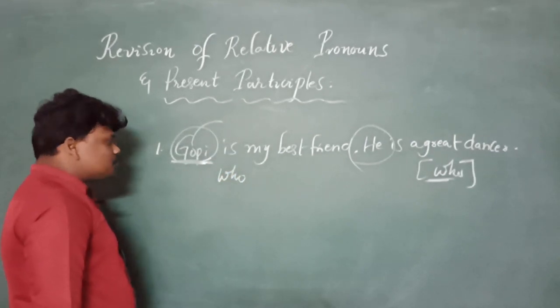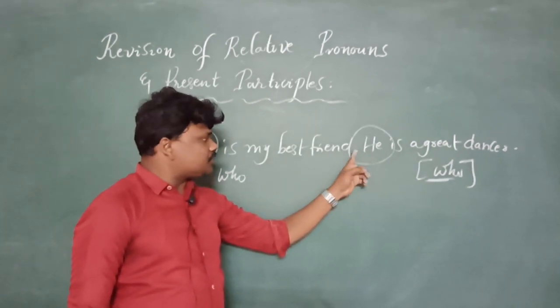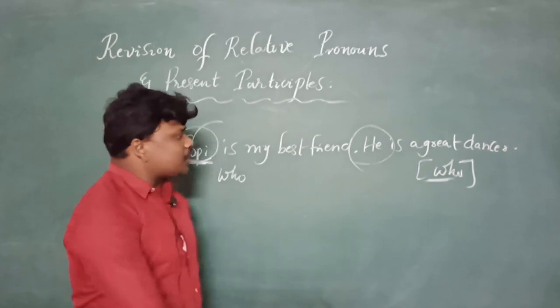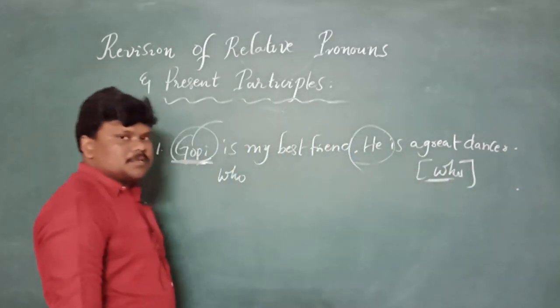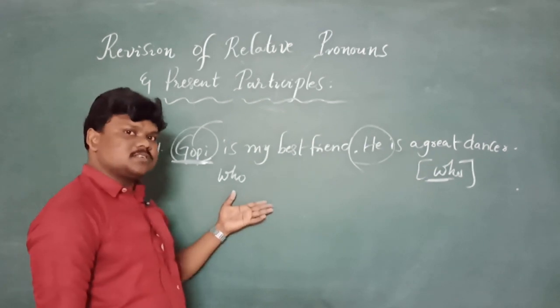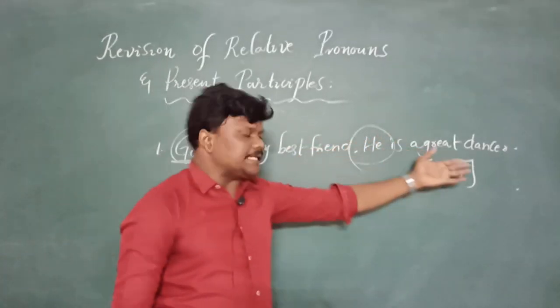Remove the pronoun at the start of the second sentence, along with the full stop. No comma is necessary in the middle, just the last full stop. So what might be the answer? Guess it. Gopi, who is my best friend, is a great dancer.